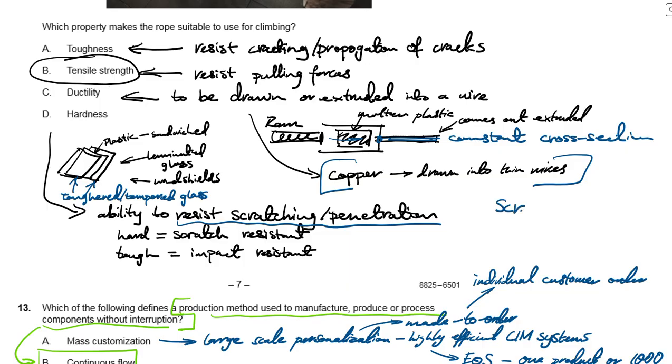So screen protectors need to be hard, right? Need high hardness or scratch resistance, right? And so these are the equivalencies we have to draw. And then they also need to be tough, right? Impact resistance. If I drop it, I don't want the whole screen to crack.